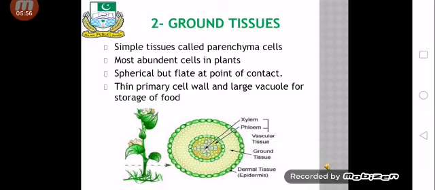We will discuss that later, but in between these two tissues there are abundant layers of cells. These are the parenchymatous tissues, tightly packed here. These are known as ground tissues. So these are living tissues. They have a primary cell wall, large vacuoles are present, and living activities are going on in them.